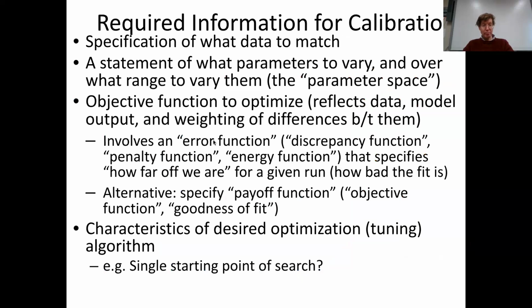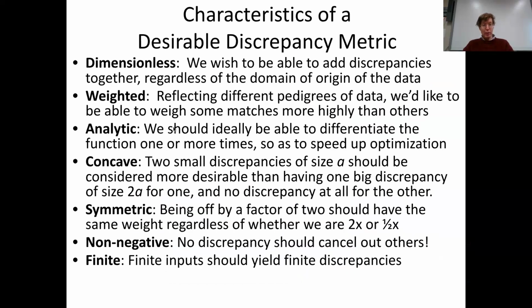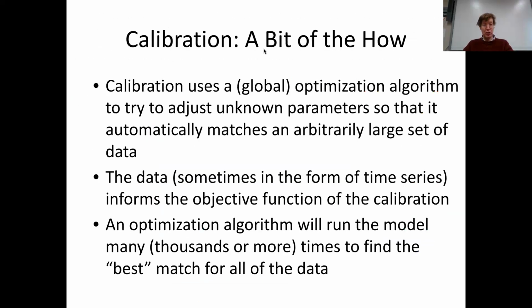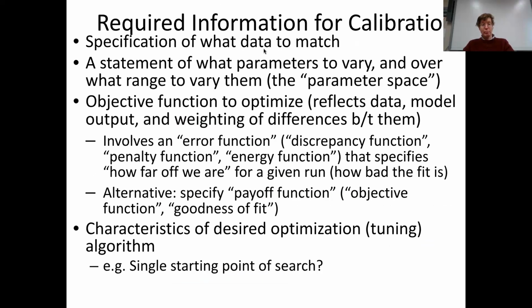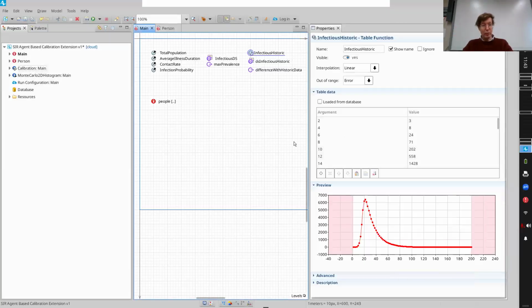Okay, so we've seen the specification of what data to match and what parameters to vary. Now we need to specify how good or how bad a given match is. I'm going to speak about the discrepancy metric, the metric by which we assess how far off the model's output is from the data we're trying to match.